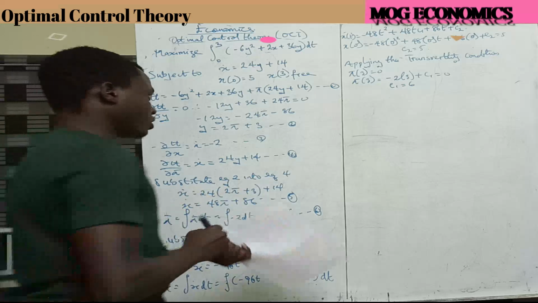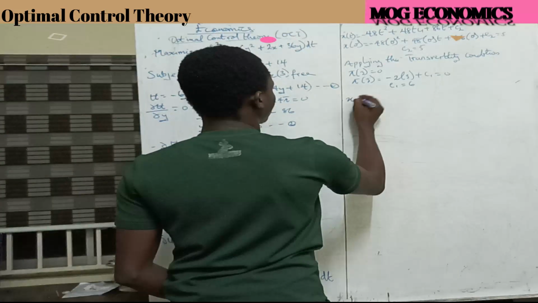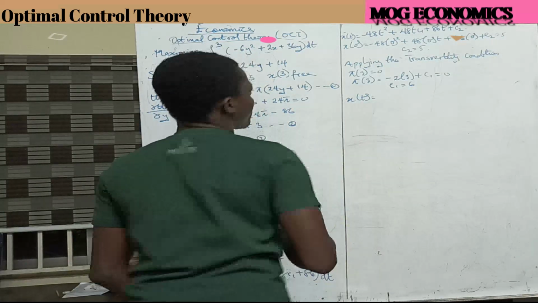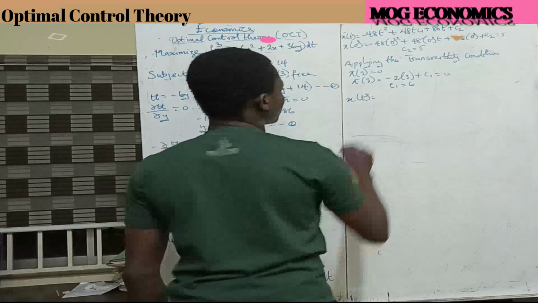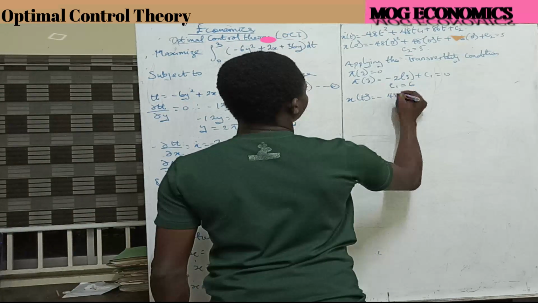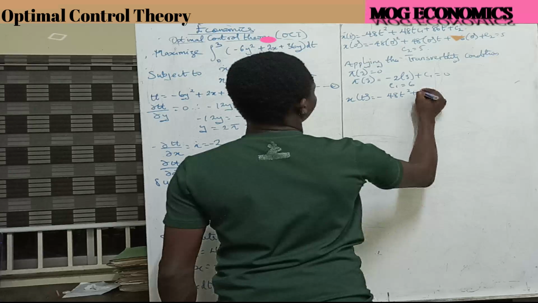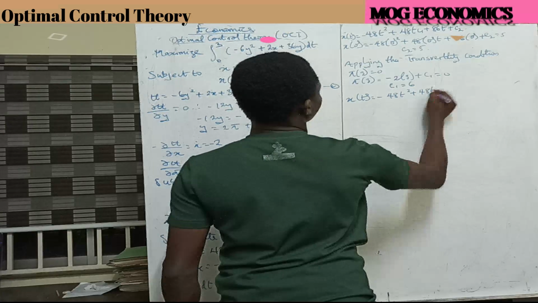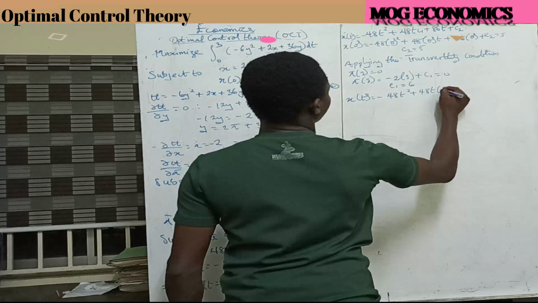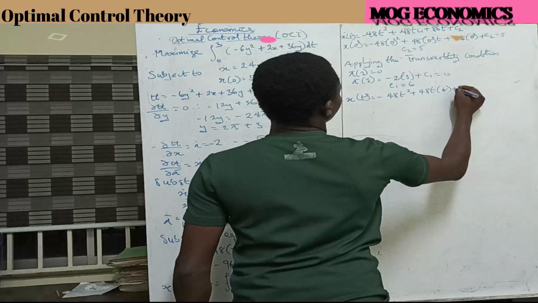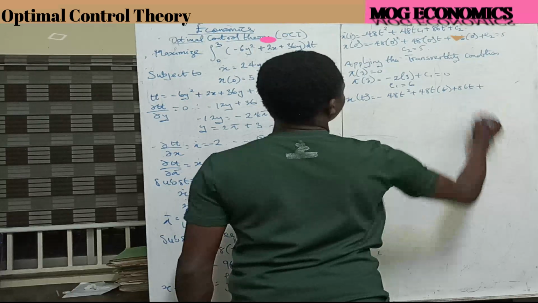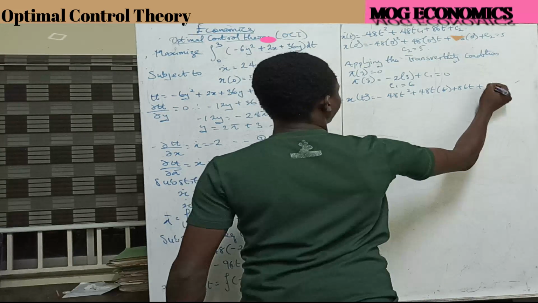So you can see it's not hard at all. Our state variable x(t) is finally equal to minus 48t squared plus 48t times c1, which is 6, plus 86t plus c2, which is 5.